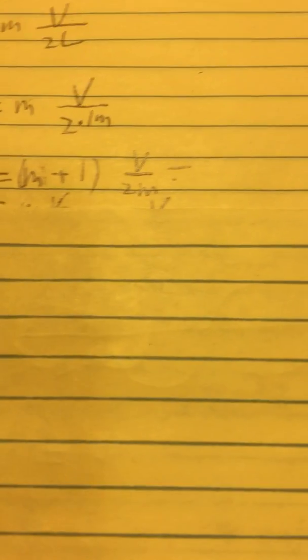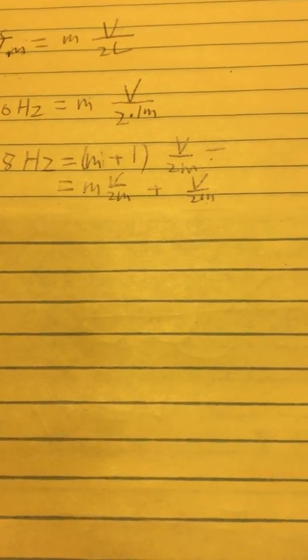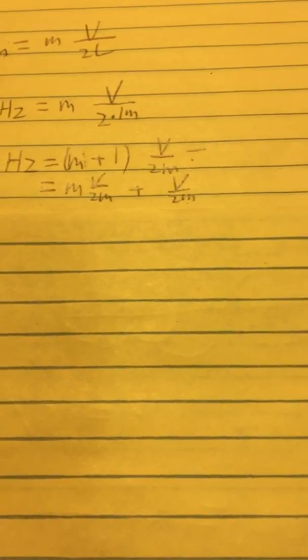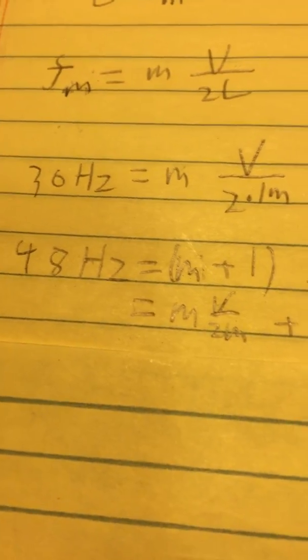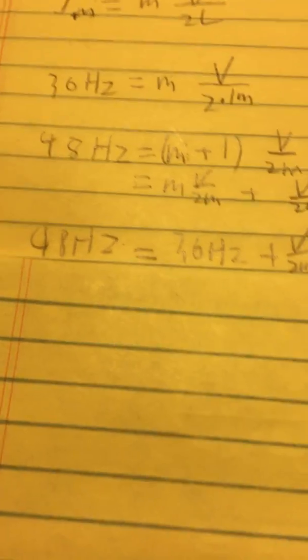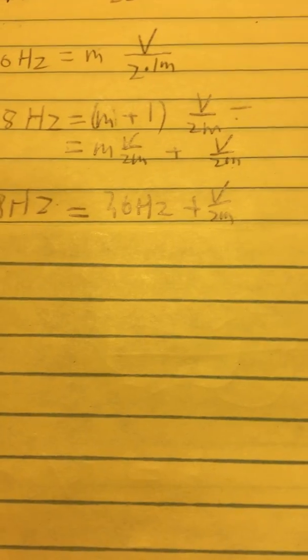We can distribute this to get m times velocity divided by 2 meters plus velocity divided by 2 meters. Notice that m times velocity divided by 2 meters is exactly the same as the equation for 36 Hz. So we can substitute this to get 48 Hz is equal to 36 Hz plus velocity divided by 2 meters. From this, we can easily solve for velocity, which is equal to 24 meters per second.